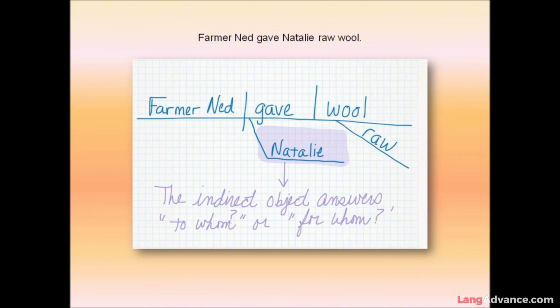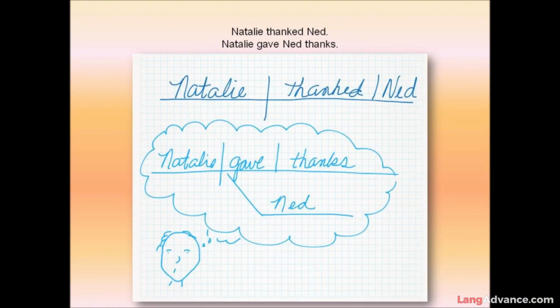Farmer Ned gave Natalie raw wool. Farmer Ned is a person's complete name, so Farmer Ned is the subject, gave is the verb, wool is the direct object, raw describes the type of wool, and Natalie is the indirect object. Natalie thanked Ned. Natalie gave Ned thanks.